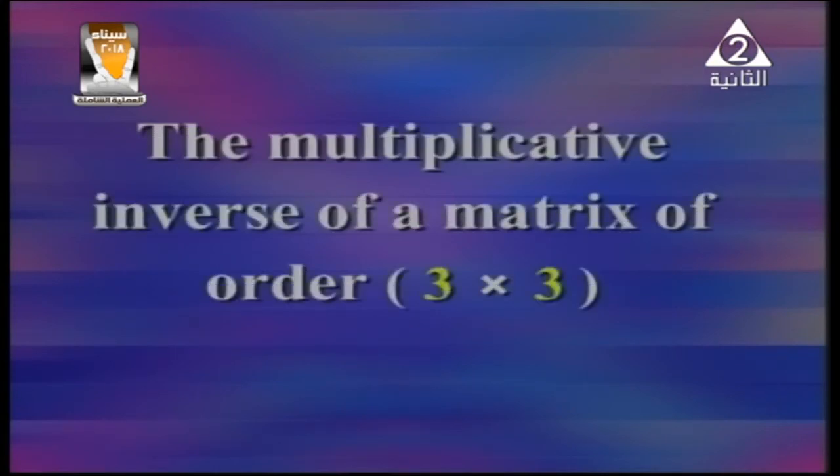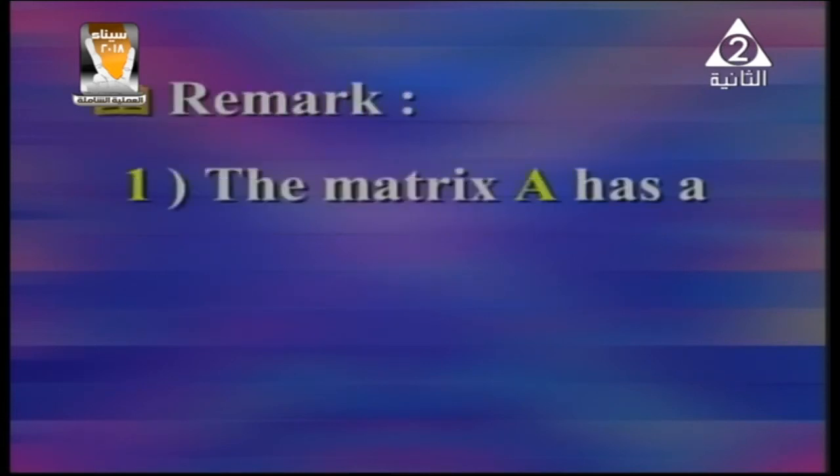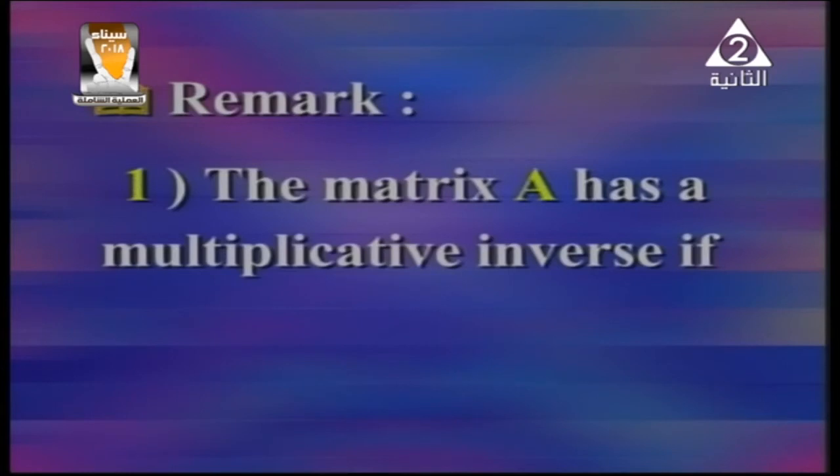The multiplicative inverse of a matrix of order 3 times 3 is a very important title. Look, dear student, the matrix of order 3 times 3 has 3 rows and 3 columns. Remark: the matrix A has a multiplicative inverse if the determinant is not equal to 0.